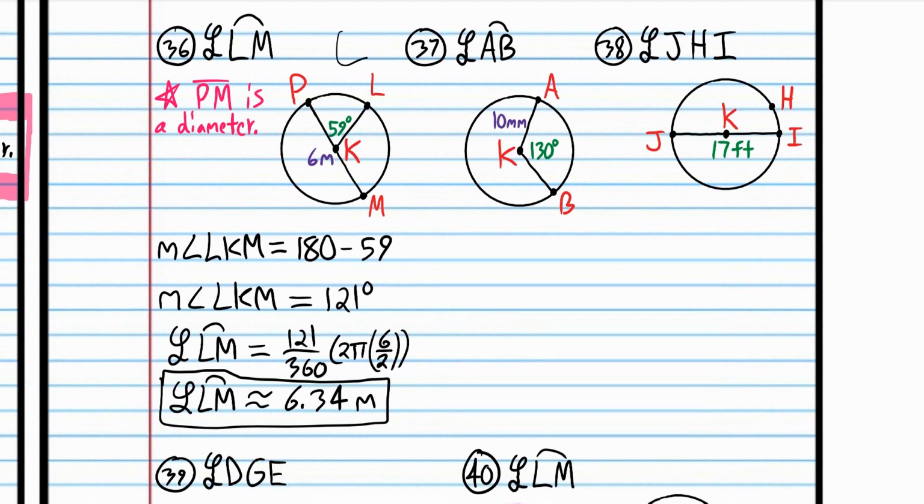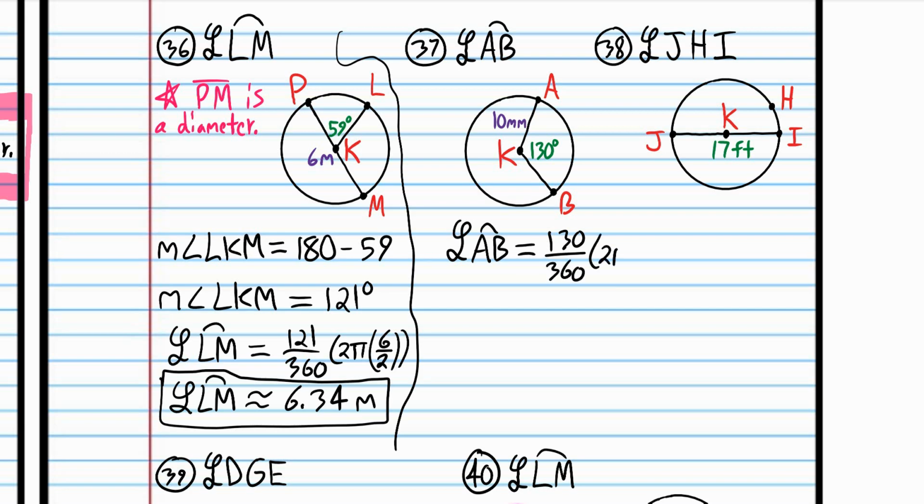All right, we're back. The length of arc AB is equal to 130 over 360 times 2 pi times r, which is 10 millimeters.